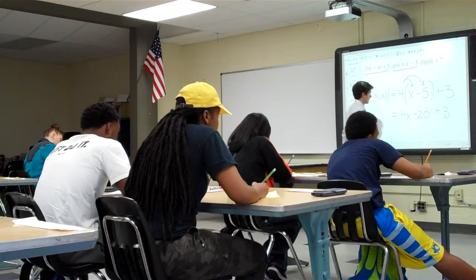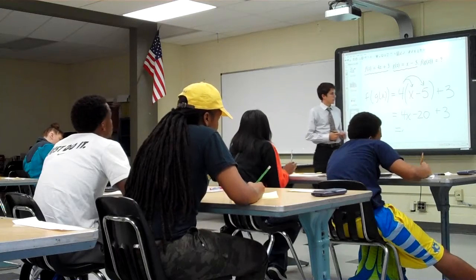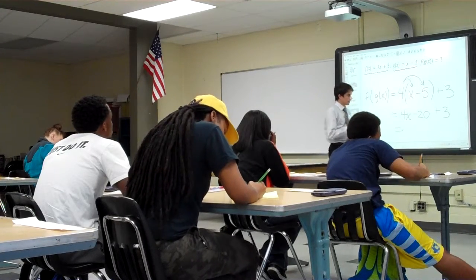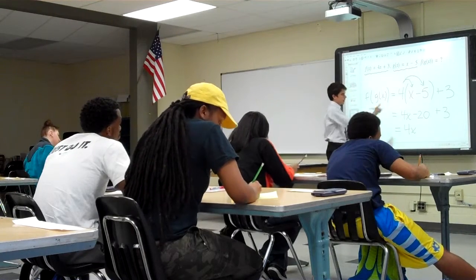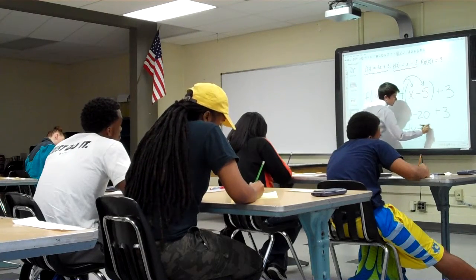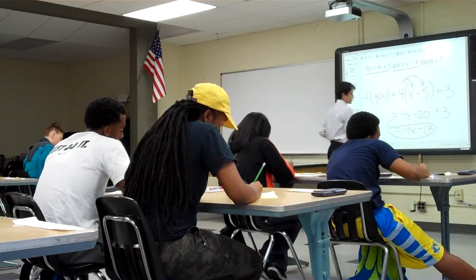Plus 3. Yep. So 4x, a minus 20, and a plus 3 gives us a minus 17. That's our answer.